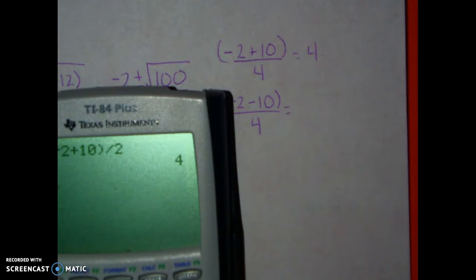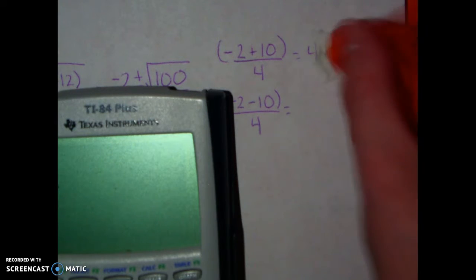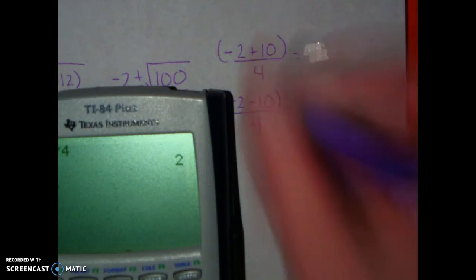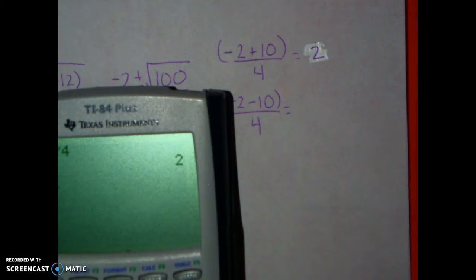Whoops. I should have divided by 4. My bad. So that would be 8 divided by 4, which is 2. And the bottom one is negative 2 minus 10 divided by 4, and that's a negative 3.